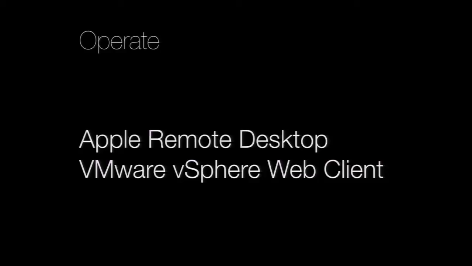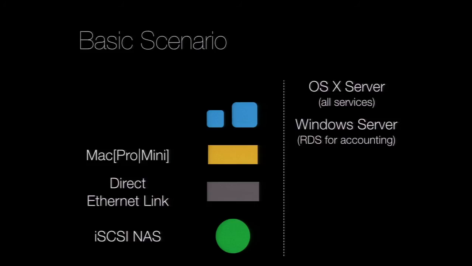Let's take a look at a working scenario here. If you are a small company, you may already use a Mac Mini with an external storage and run your services on it. For the same level of price, you can do the same thing with a Mac Mini and a nice cozy NAS.